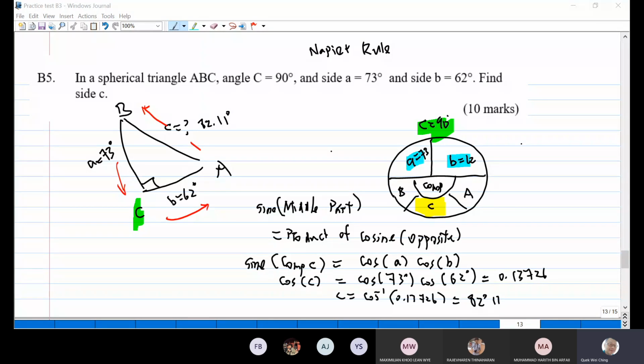So I'm going to go up to the question first. I'm going to share this question, B6, because I worked it out already. It's quite a big question, so I'm going to share this one.